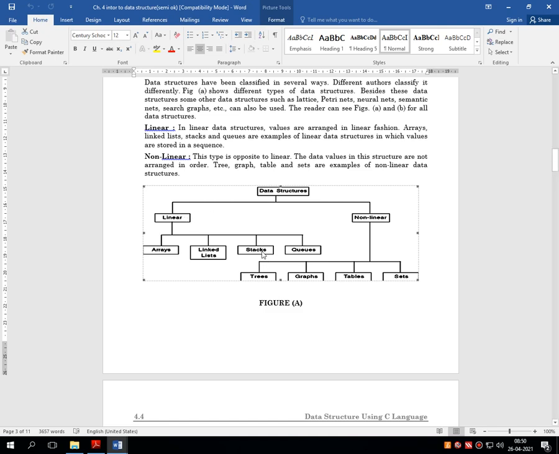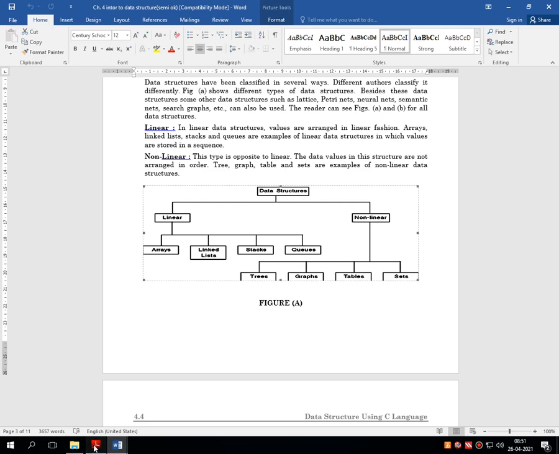In this particular unit we are going to discuss stack very shortly, then we'll go for queue and then linked list. Whenever we finish the discussion of linked list, we can say that we are aware of linear data structure, and after the completion of linear data structure we'll go for non-linear data structure, where we have to discuss tree and graph.